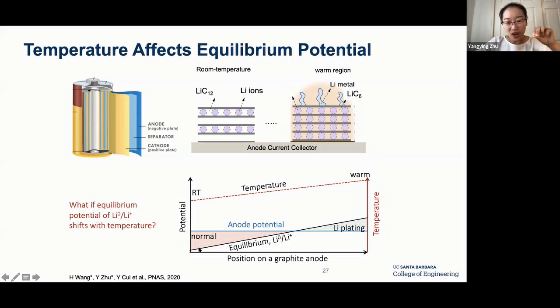If temperature influences the equilibrium potential of lithium, which is drawn in this slope right here, and this potential increases with temperature, then the warm region's potential can exceed the anode potential. That means in this region, it's more thermodynamically favorable for lithium to plate as lithium metal instead of intercalating into graphite.